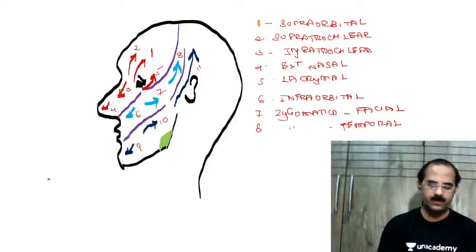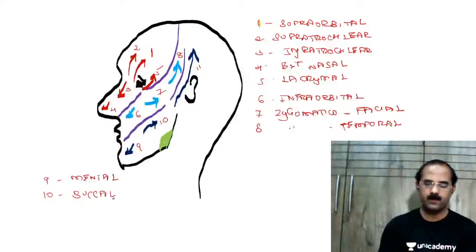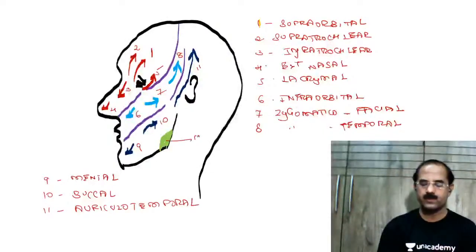I'll just write this for you. 9 is mental, 10 is buccal, 11 is auriculotemporal. And what's this 12? 12 is greater auricular nerve.